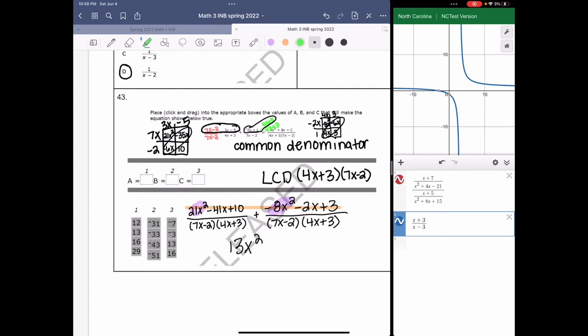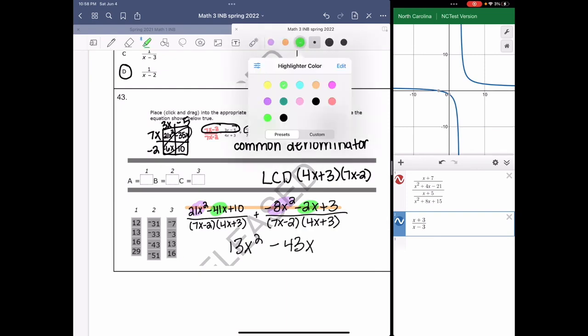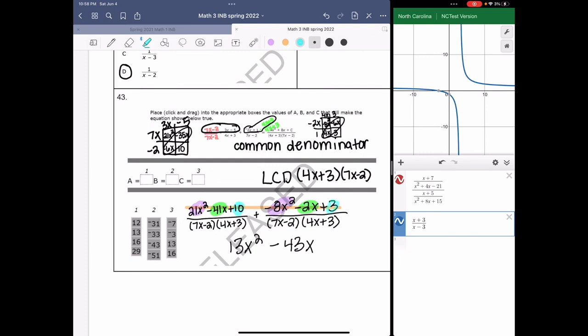Then we have negative 41x and negative 2x, which gives me negative 43x. And finally, we have 10 and 3, which gives me 13. So that gives me that A value, that B value, and that C value. A is 13, B is negative 43, and C is 13.